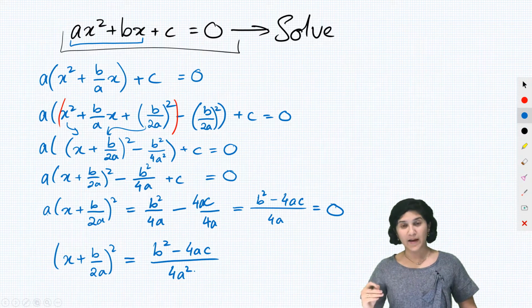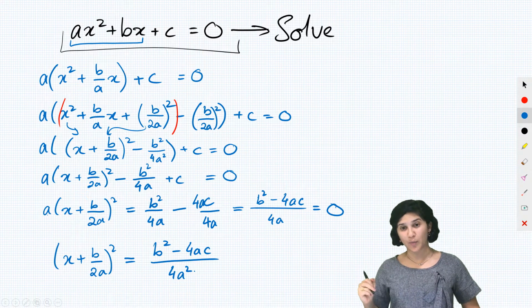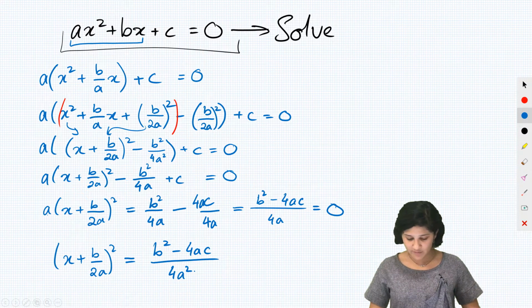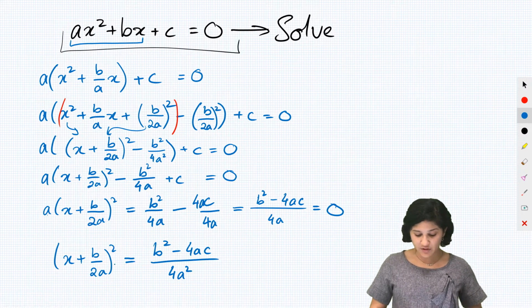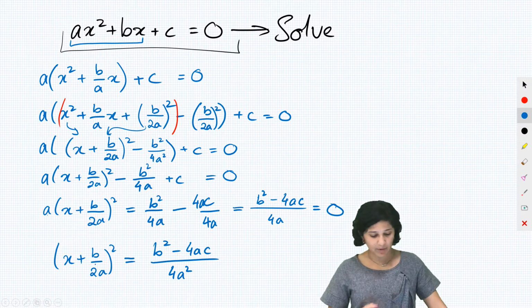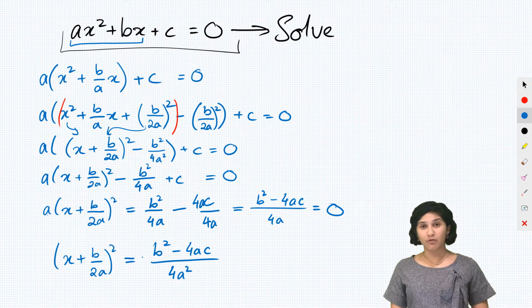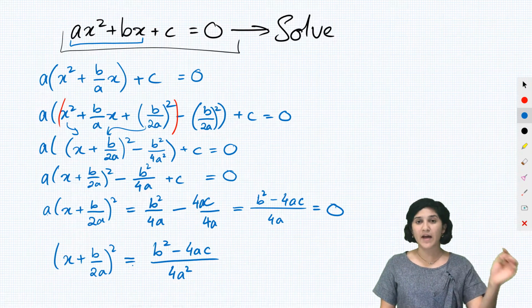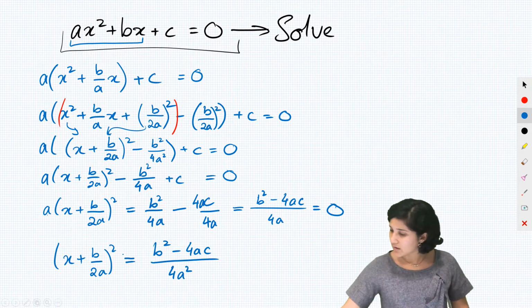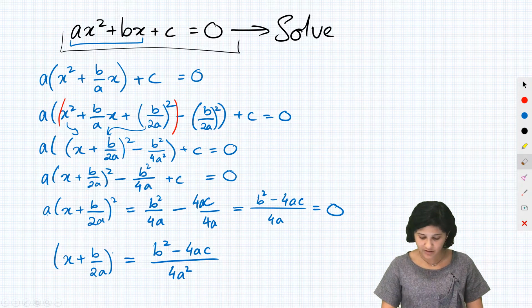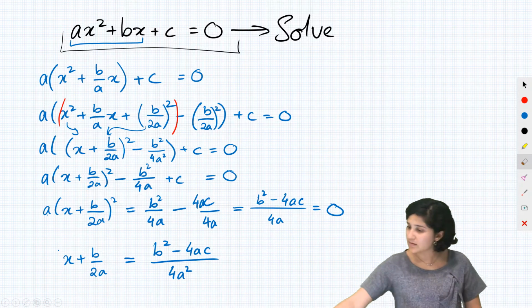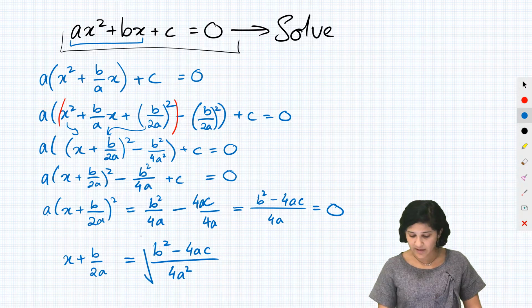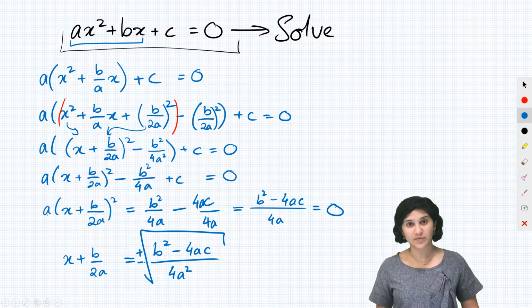Because if I divide by a, that means I have one more a on the bottom. Alrighty. Now I have to square root. So I have to remember that every time I square root, I'm going to have a positive and negative square root. So the square root just gets rid of the squared and the brackets. And on this side, I have to add in a square root and go plus or minus that square root.